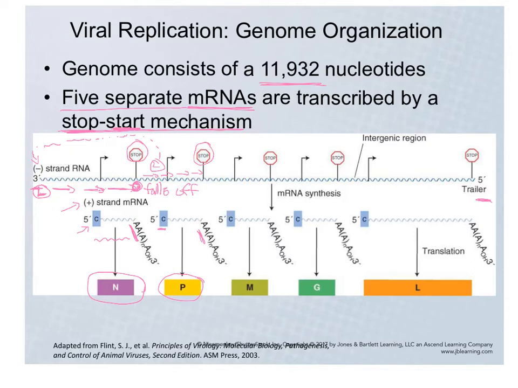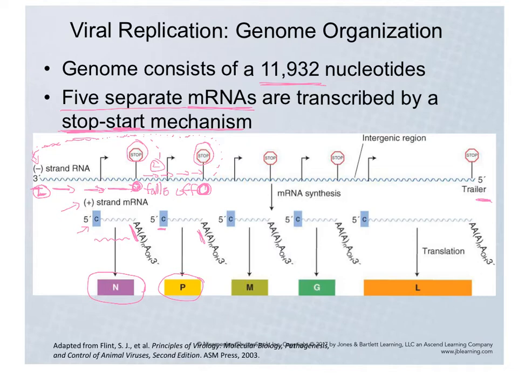And this time, the same thing happens again. About 2 out of the 3 times, that polymerase, when it gets down to the second stop, is going to fall off again. And if it falls off, instead of rebinding internally, which in theory it could, experimental data has shown that for the most part, polymerase that falls off is going to go back to the very 3' end and start all over again.